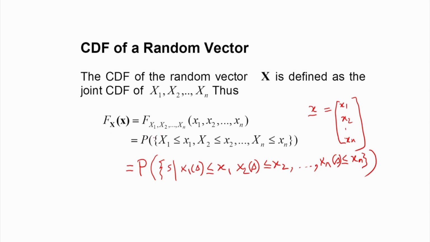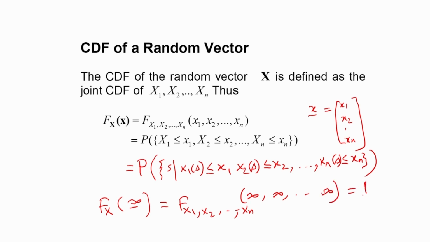We can extend the properties of the joint CDF of two random variables to the CDF of the random vector F x of x. For example, the CDF at the point infinity, that is F x1 x2 up to xn at infinity, infinity etc., is equal to 1.